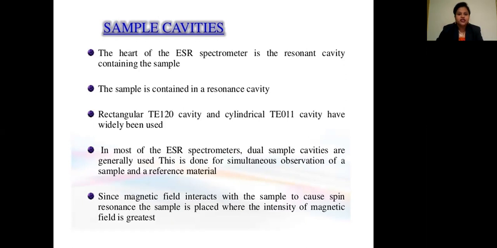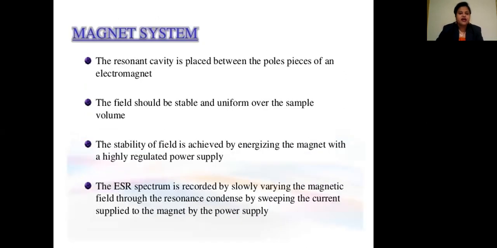In most of the ESR spectrometers, dual sample cavities are generally used. This is done for simultaneous observation of sample and reference material. Since magnetic field interacts with the sample to cause spin resonance, the sample is placed where the intensity of magnetic field is greatest.